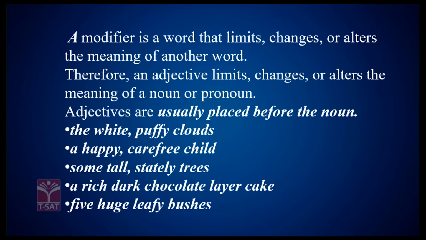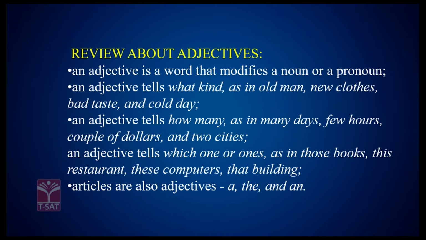Like some of the examples which are being given here for your reference: the white, puffy clouds, a happy, carefree child, some tall, stately trees, a rich dark chocolate layer cake, 5 huge leafy bushes. So, these are some of the examples which are going to modify the other words.